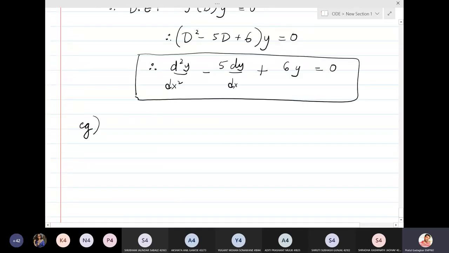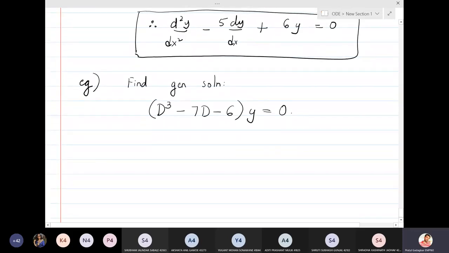We take this exercise. Find the general solution of (D cube minus 7D minus 6)y equal to 0.